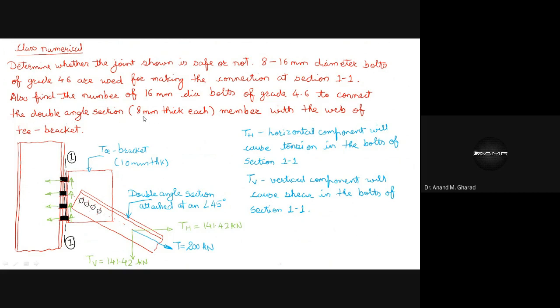These double angle sections are 8 mm thick. Thickness of these angle sections is 8 mm, with the web of the T bracket. So let us understand what exactly is given in this numerical.